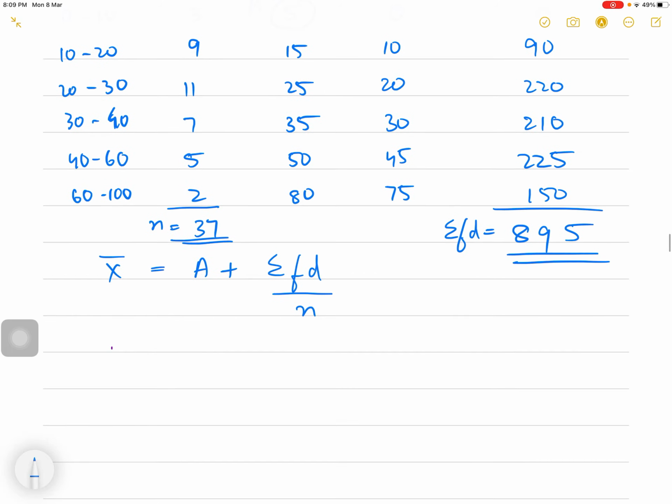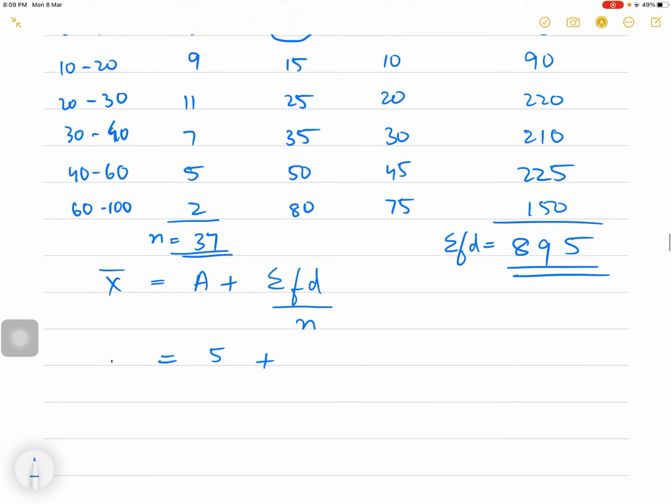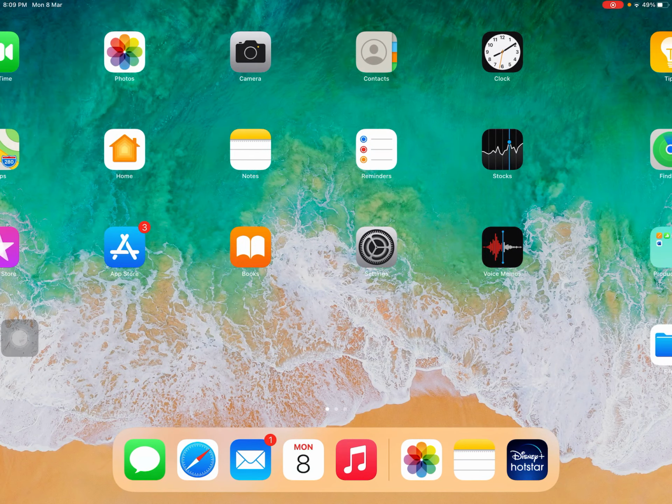So let's substitute. A is 5 plus summation fd, 895, divided by 37. Let's do 895 divided by 37.